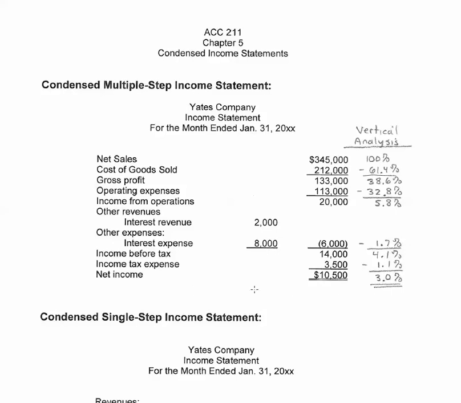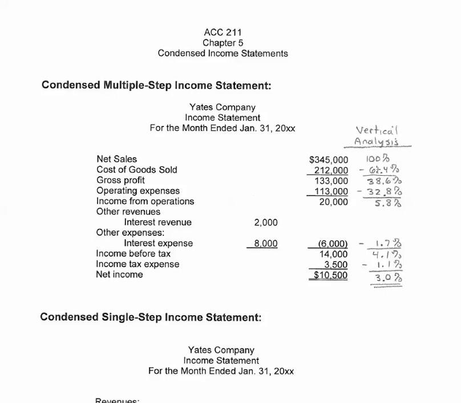So let's say, for instance, they saw their profit margin starting to trend downward year after year after year. Our net income gets to be a smaller and smaller percentage of our net sales. Hey, something's wrong. You can't continue in a downward trend forever. So those are the kind of things that you do with the results.